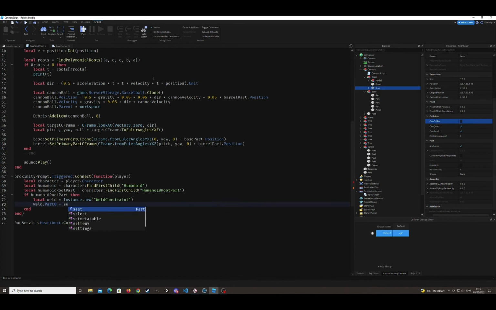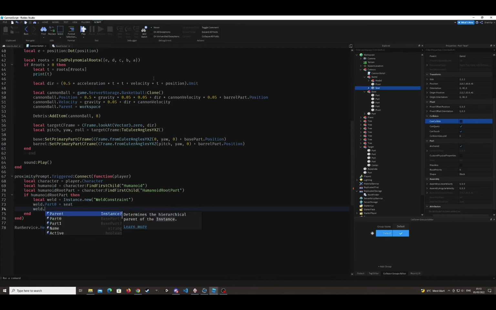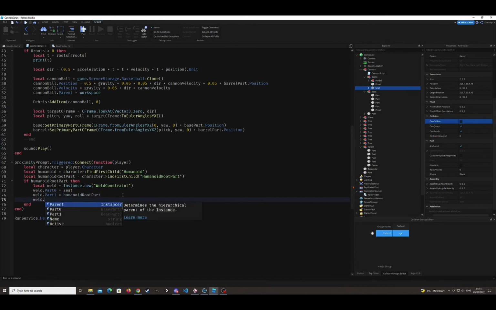Let's do the seat. Are these attachments or parts? These are parts. Do weld constraints have D-frame properties? I don't think they have. I guess I'm used to the other constraints where I use attachments rather than parts.